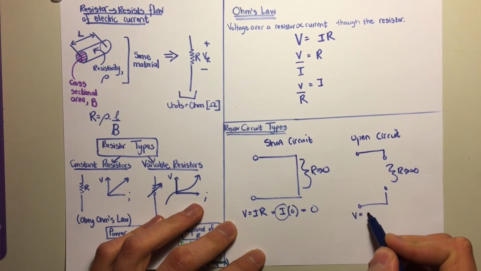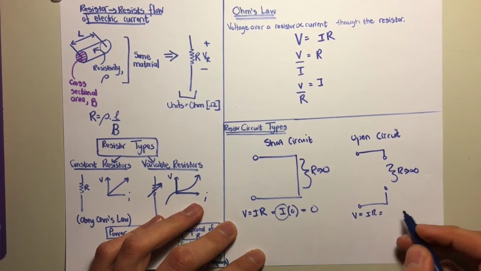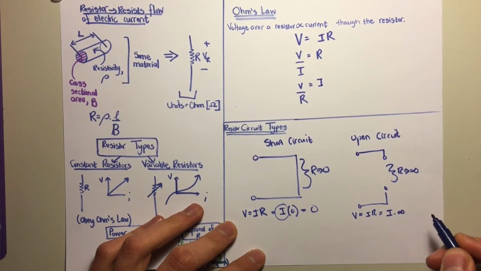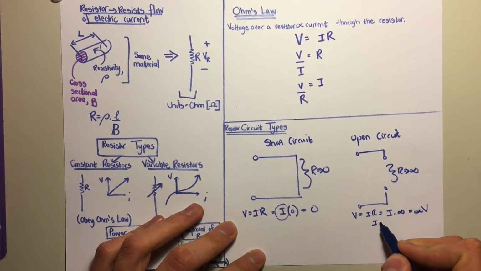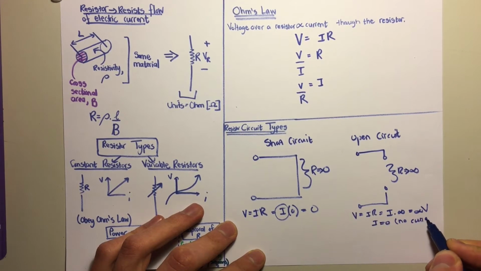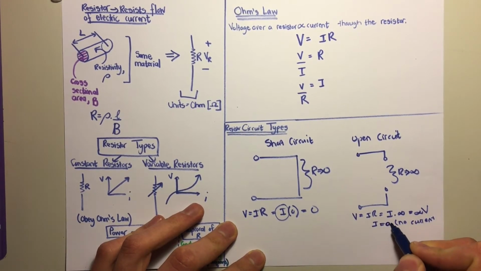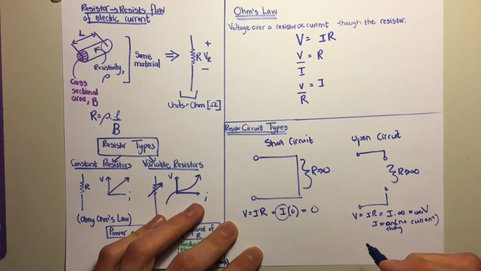So that means V equals IR again, which is I times infinity. So no matter what I is, you'll have an infinite number of volts. There's no current flowing through there, so I equals 0. My apologies. There's no current flowing through there, no matter what V is.